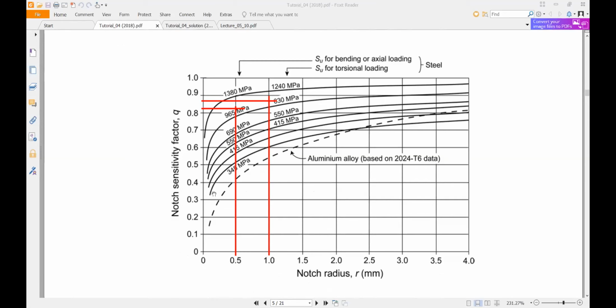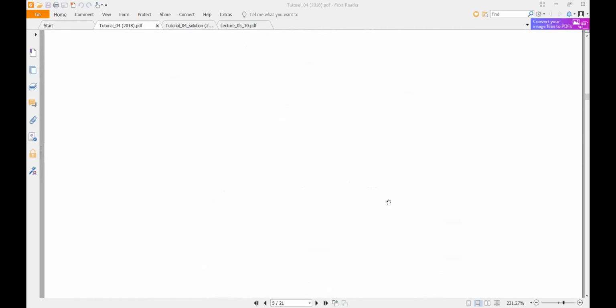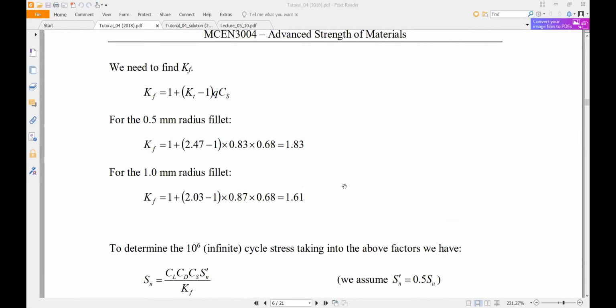So using this graph, you know how to use this graph as well. And then you can find the K for both pillars. So you already know KT, you know Q, you know CS value. So you substitute here, you can find both pillars' KF values.